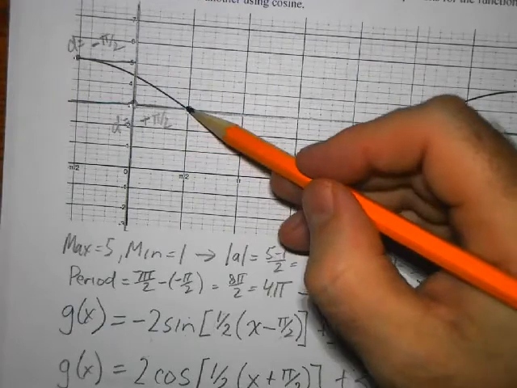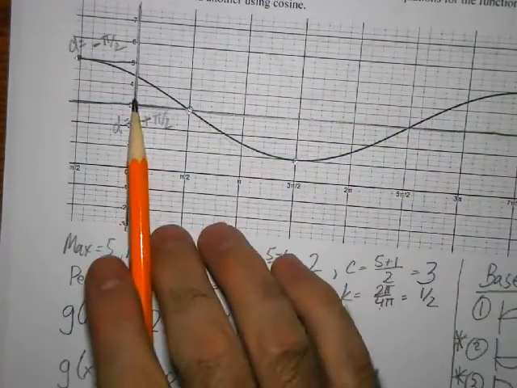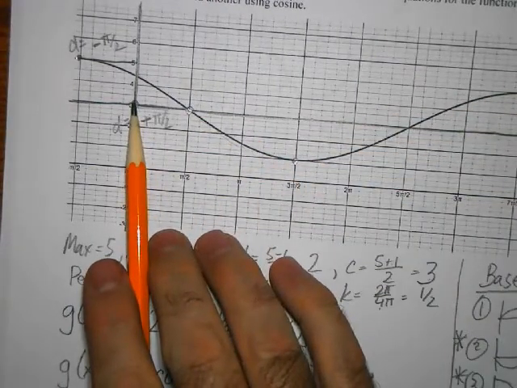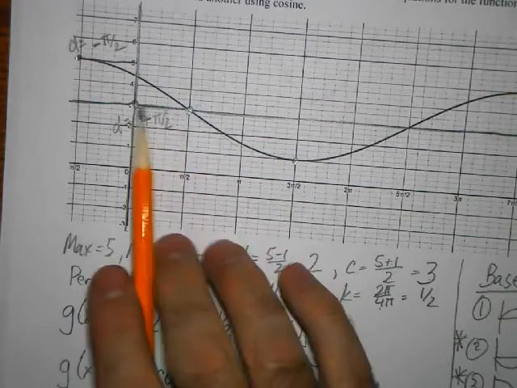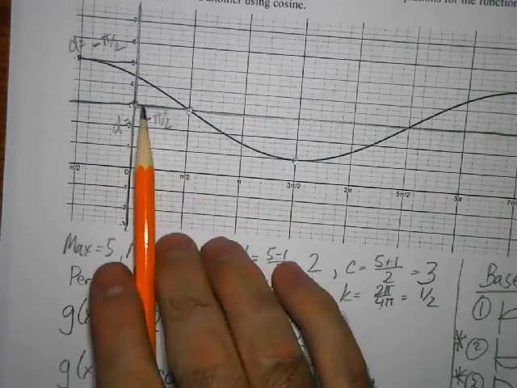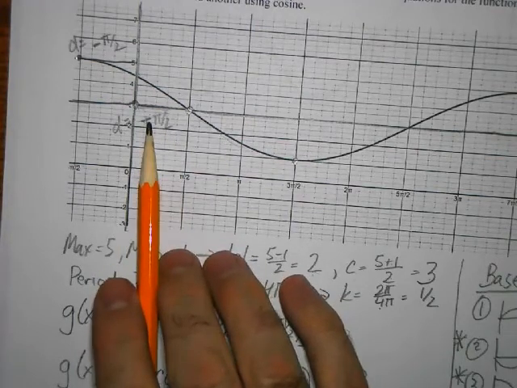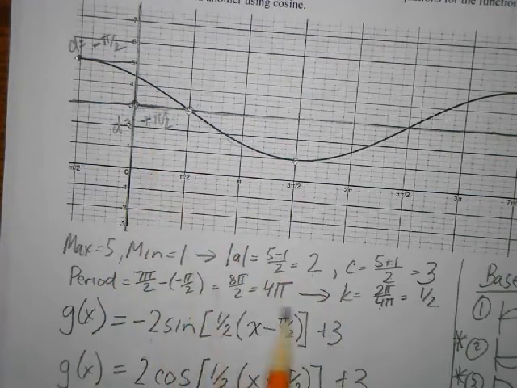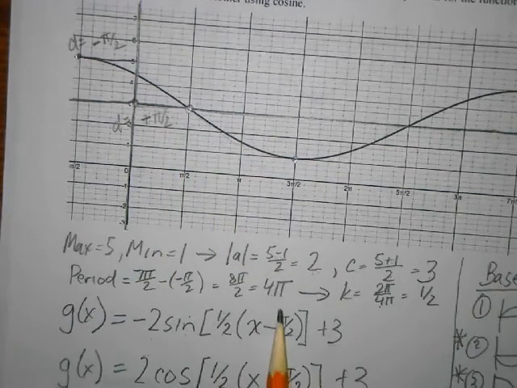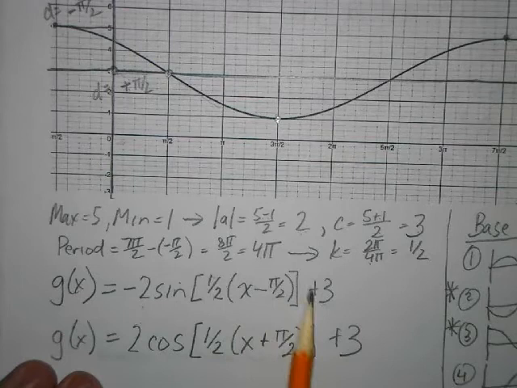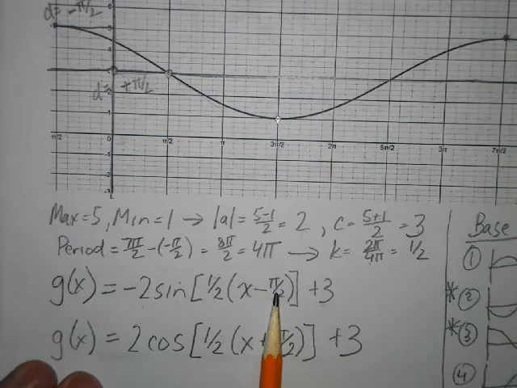Our graph starts here and goes down. So what did we have to do to this point to turn it into that point? Well, we had to phase shift it pi by 2 to the right. So that tells you your d value is pi by 2. Now I know the d value, so it's x minus d, so it's x minus pi by 2, and that fills in the missing piece of information.